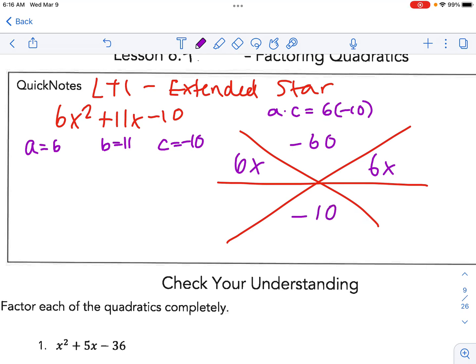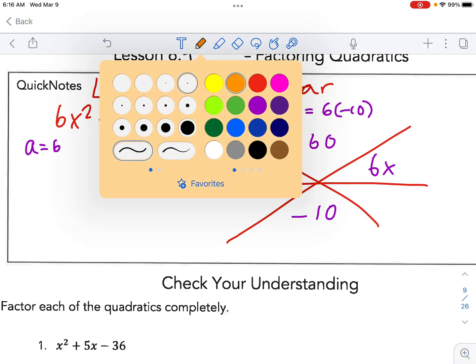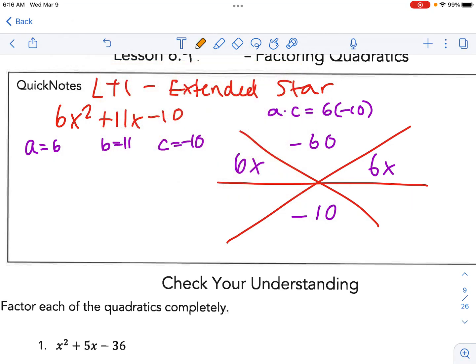And then looking at our factor sheet, 60 has a fair amount of factors. So the factors of 60 are 1 and 60, 2 and 30, 3 and 20, 4 and 15, wow, 5 and 12, 6 and 10, and that's it.